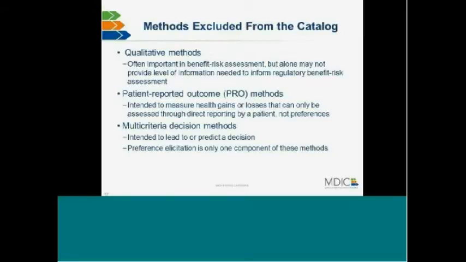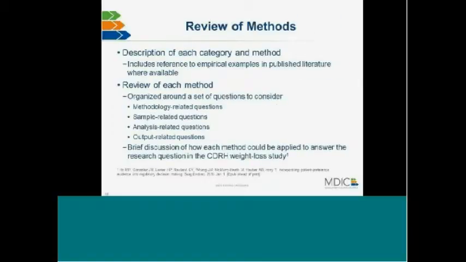What we really focused in on was what part of those methods are used to incorporate the preferences or to get the weights. So there is a subset of tasks within a multi-criteria decision method that is truly a preference method. We didn't go into explaining the entire method. We really zeroed in on what the potential methods are to elicit patient preferences.